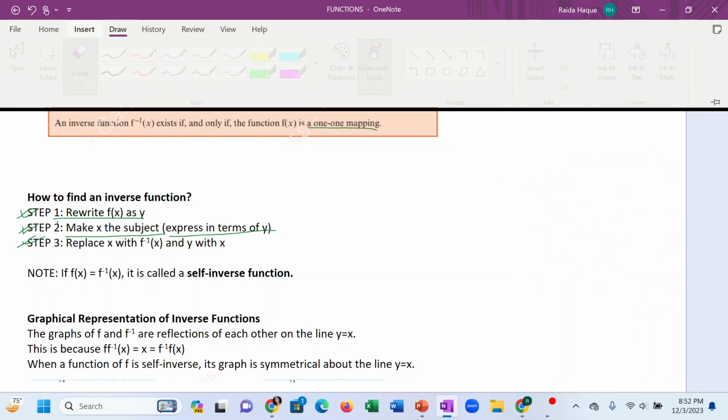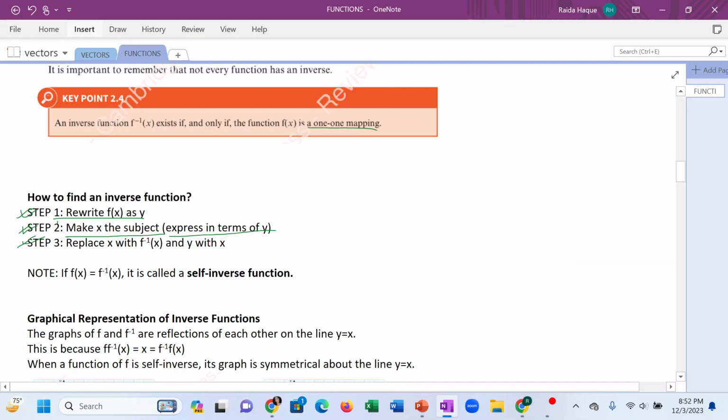Now, moving to a little bit more complex example, let's say it was a many-to-one function. Let us take the equation that we had given earlier, which was x squared plus 4x plus 8, and we now have to find the inverse of f(x).